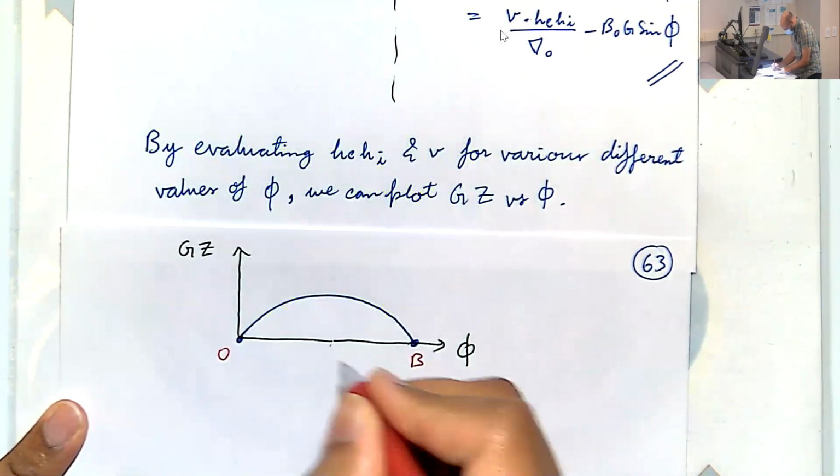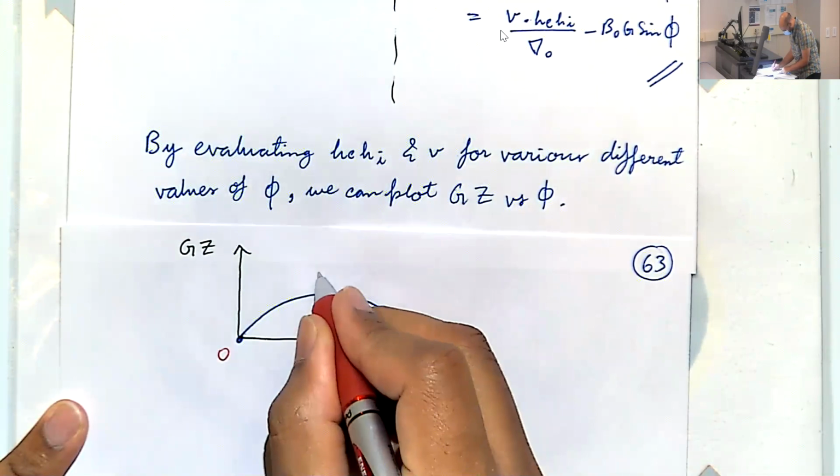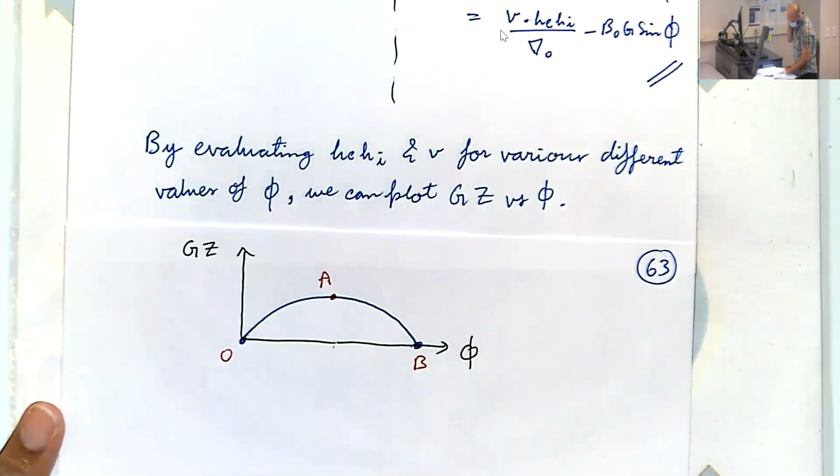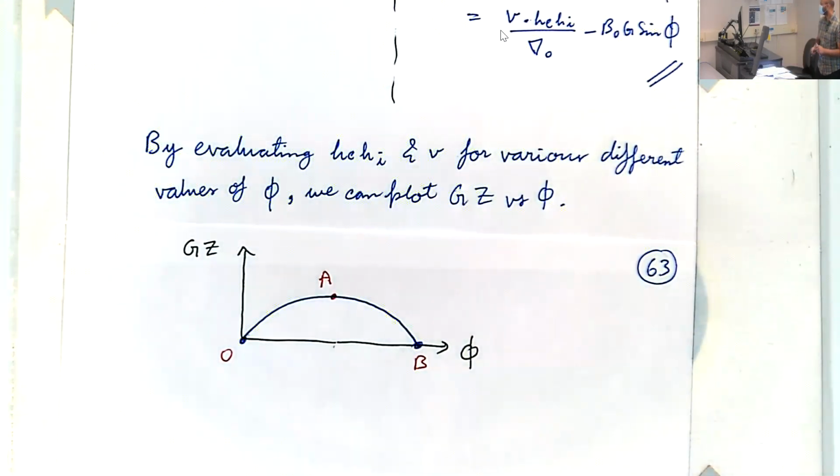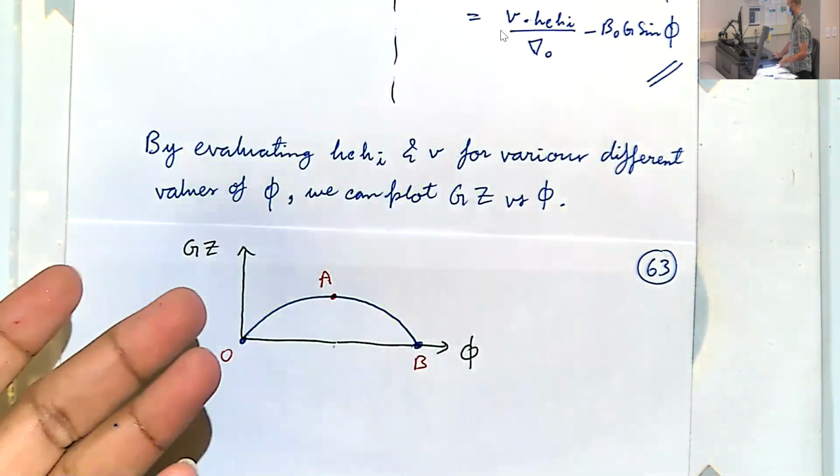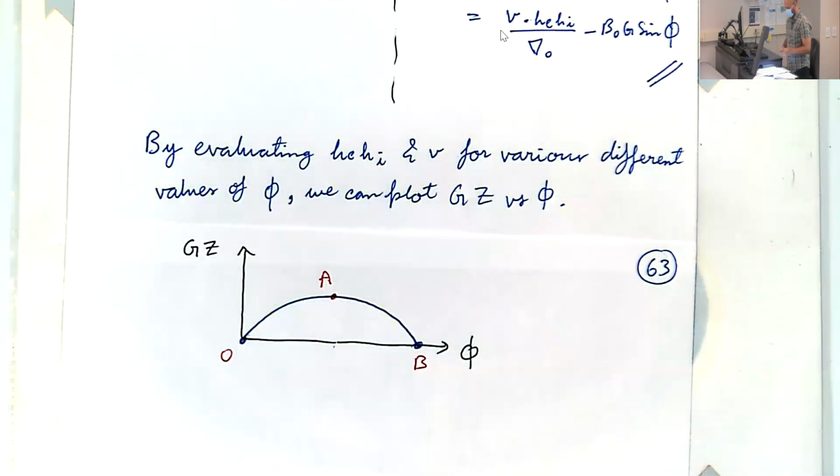O, B, let's mark this A. Right. So the designer of the hull will give you this chart, and you can use this to figure out when you will no longer be stable.